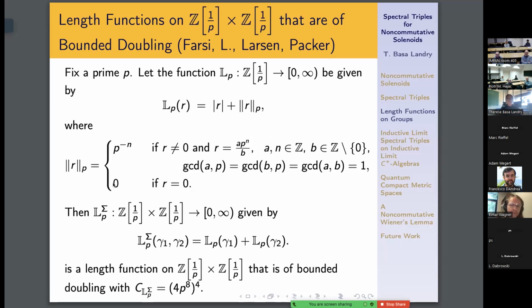Then the actual length function that we use is the sum of each of those on the components of Z_p cross Z_p. You can show that that's actually a length function on Z_p cross Z_p, and not only is it a length function, it's a length function of bounded doubling. And here's the particular constant that controls that, which controls the growth of balls.